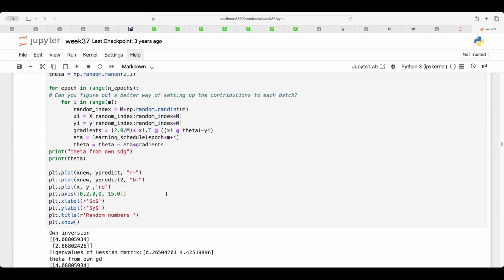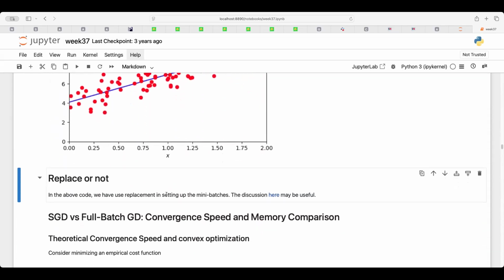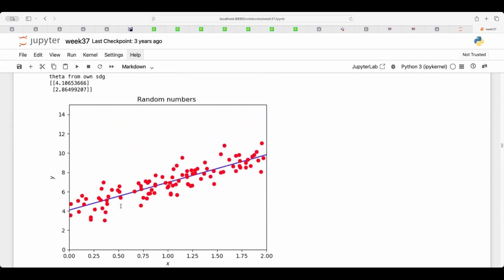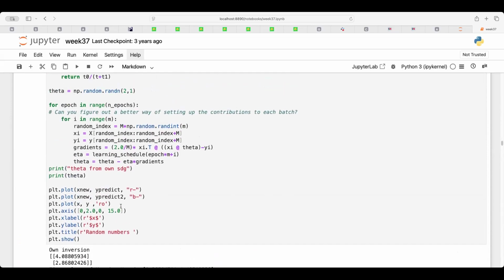Now, there is a big issue, because what we have done here is use what's called replacement. In Norwegian, this would be med tilbakelegging. If you're thinking of a stochastic event, you can bring it back again and then ask what the probability is.